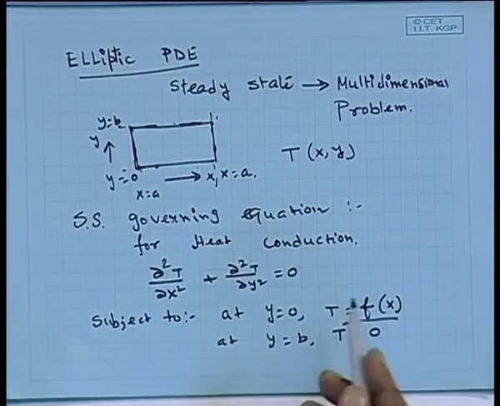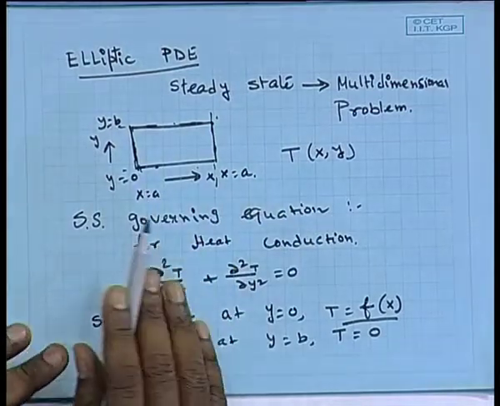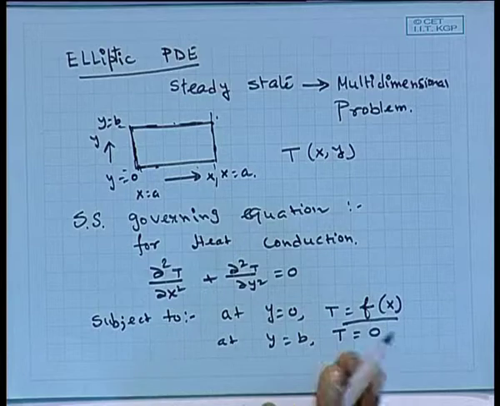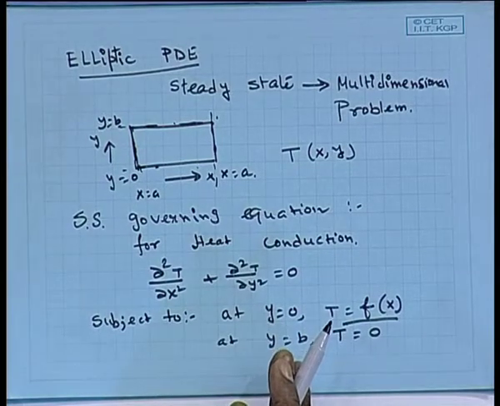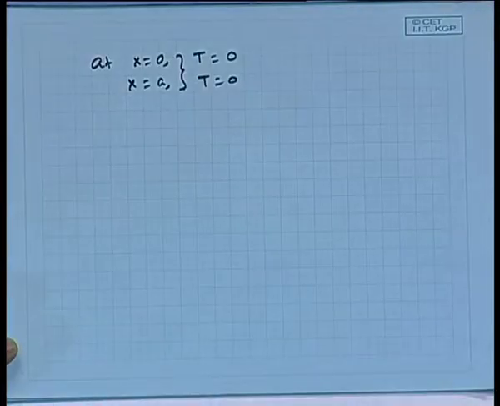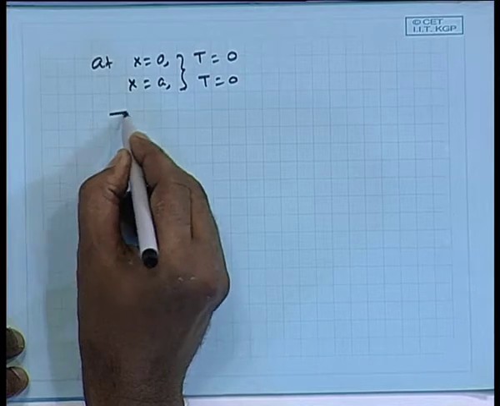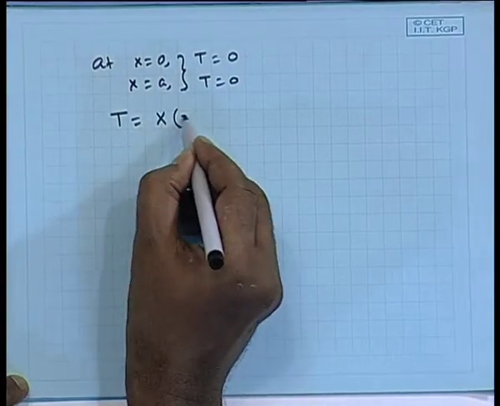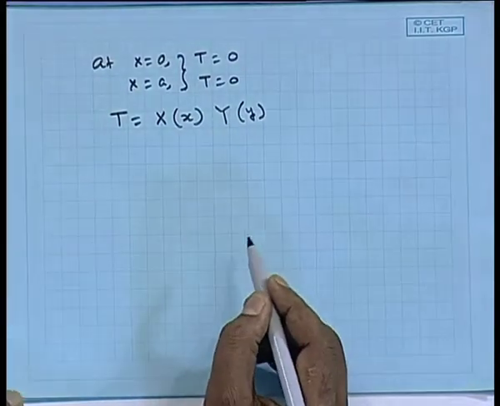What I mean is, if you know the solution of this problem, then if you have the non-homogeneous boundary conditions on the other 3 boundaries, you will be able to tackle that, because we have studied that particular case in depth previously in several problems. Okay. So, now you can use separation of variables, considering T is a function of x and y, a product of a function of x alone and a function of y alone.